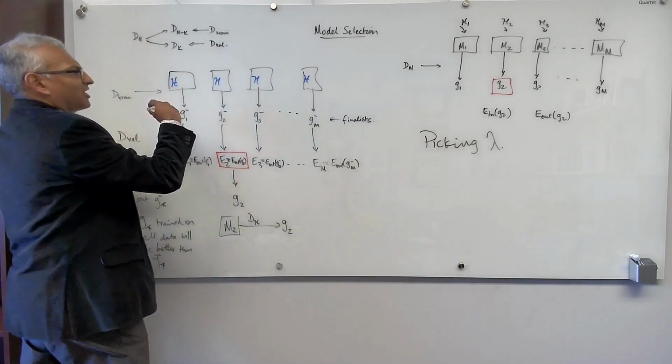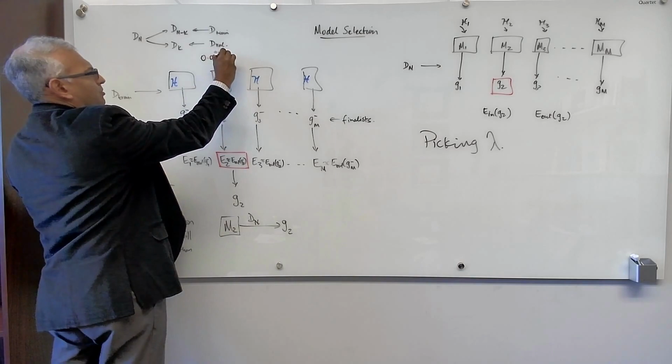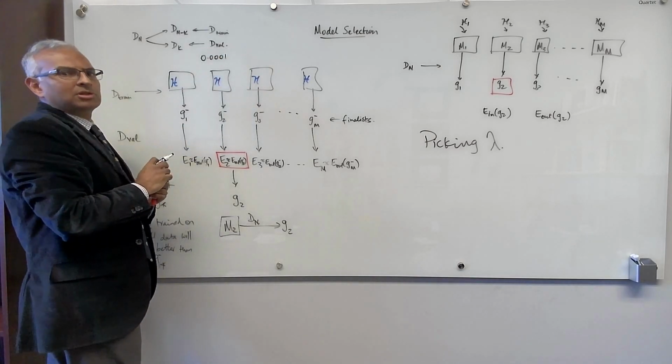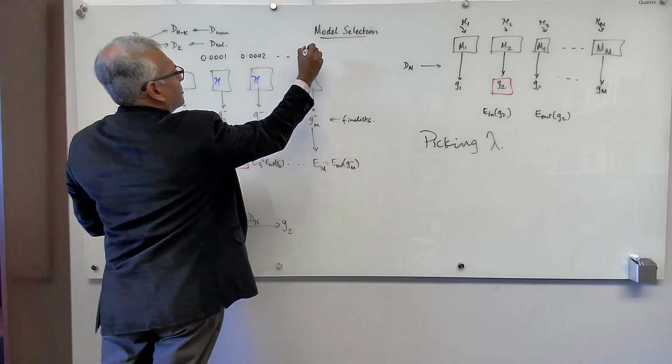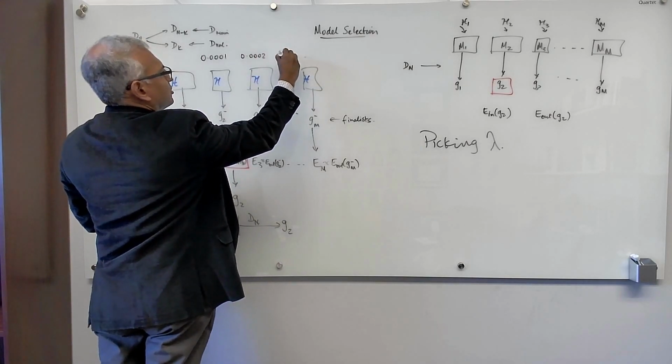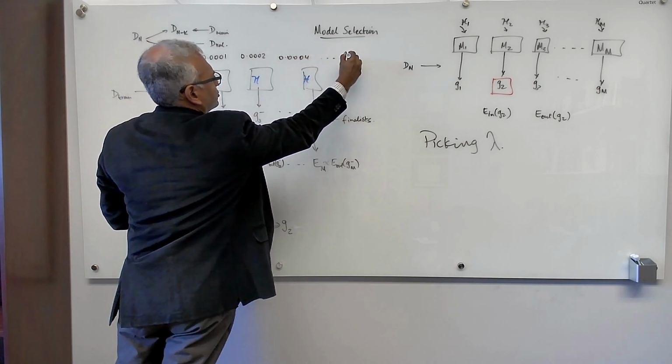So you could define a set of regularization parameters starting from, let's say, 0.0001 and then going up in multiples of 2. So 0.0002, 0.0004 and so on, going up, let's say, to 10.